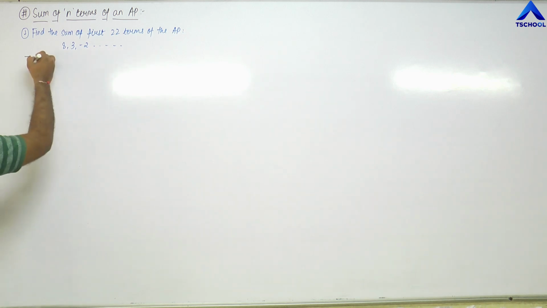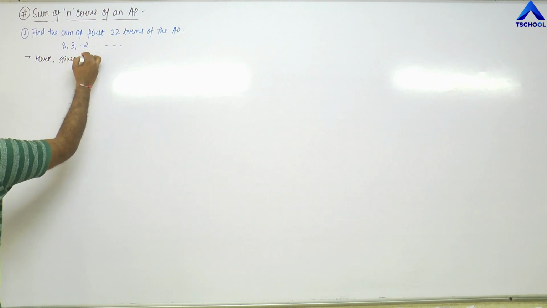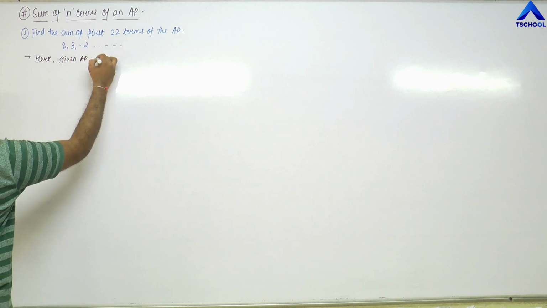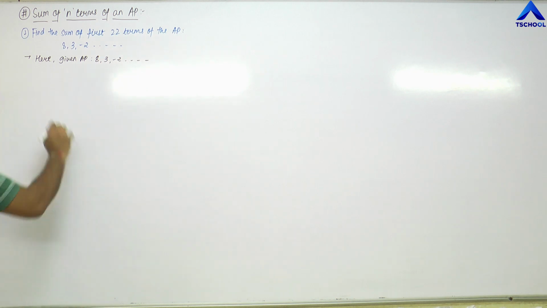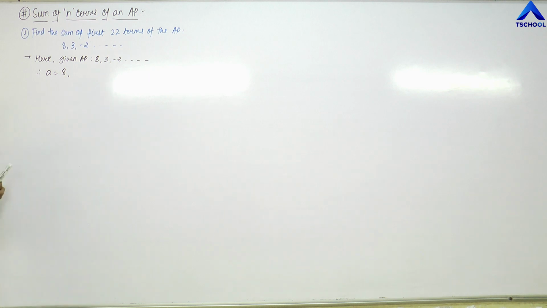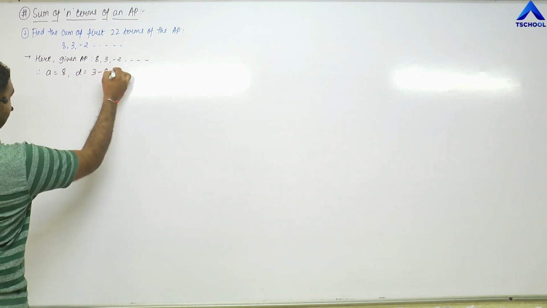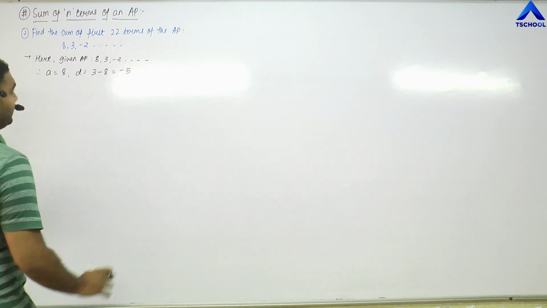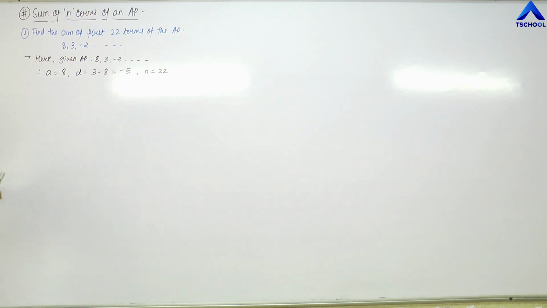So here given AP, that is 8, 3, minus 2 and so on. So we can get, therefore a equals 8, the first term, the common difference d, that is 3 minus 8, minus 5, and n, that is given as 22, right? We need to find out Sn.